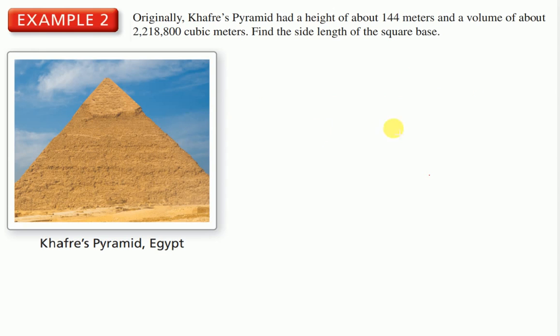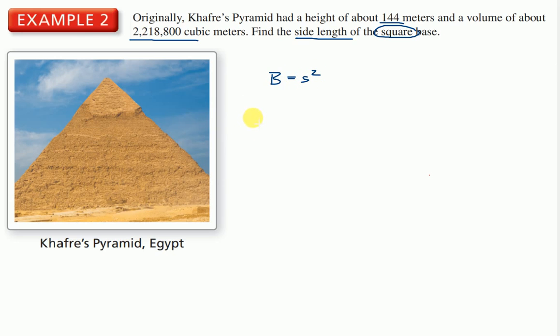Here we have a pyramid. The original height was about 144 meters and a volume of 2,218,800 cubic meters. Find the side length of the square base. A square base means to find the area of the base, I can take a side squared.